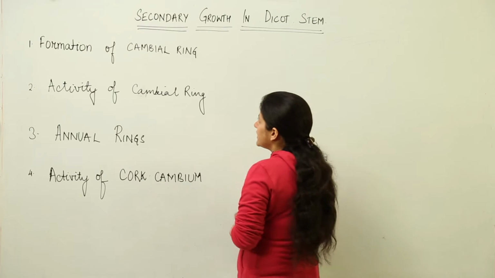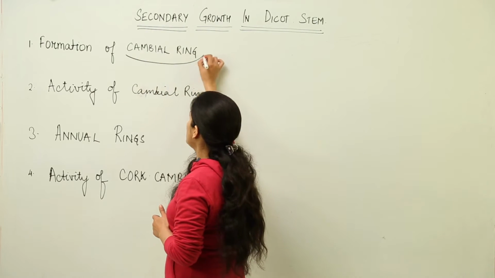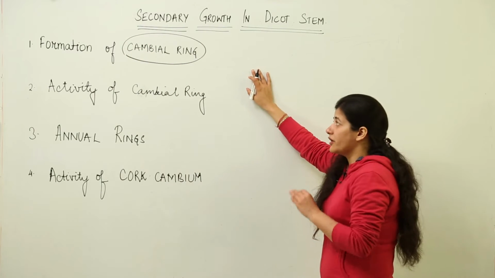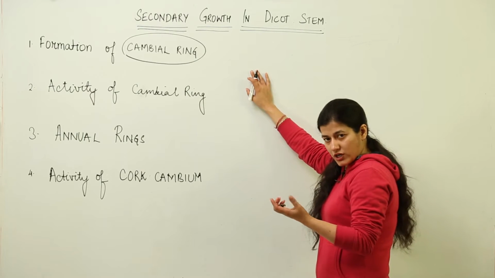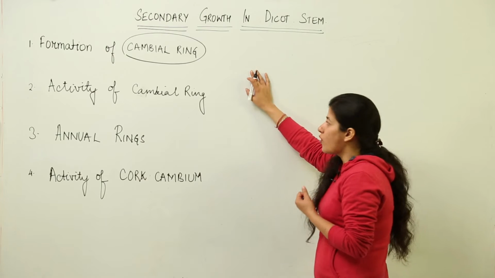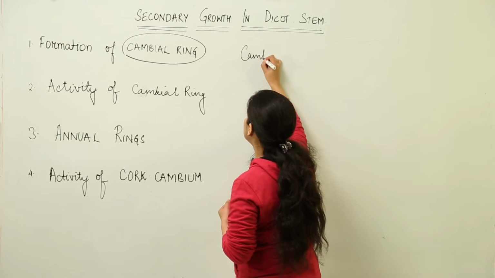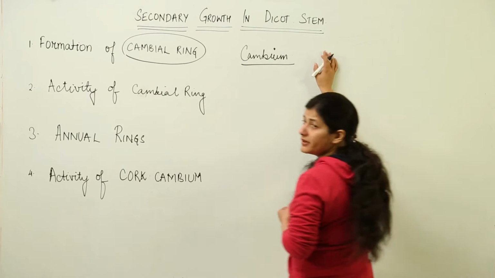So the first thing is that there is formation of a cambial ring. Now if you can recall the diagram that you made of the dicot stem, which gave its transverse section, we had seen that there was presence of cambium between the xylem and phloem.